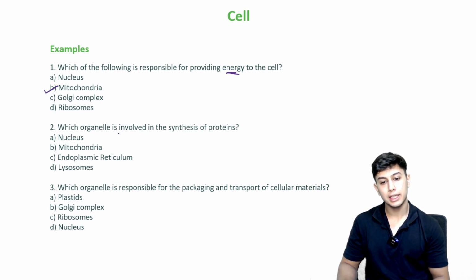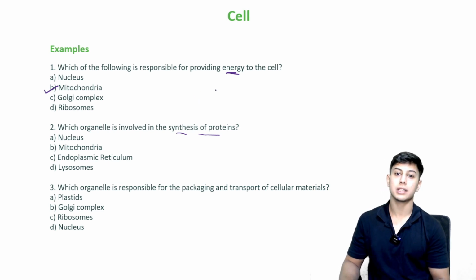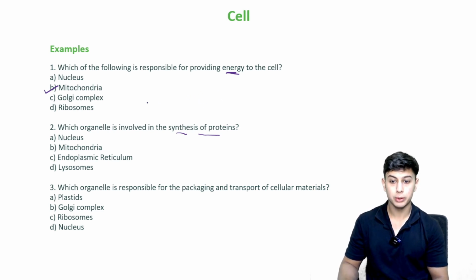Which organelle is involved in the synthesis of proteins? Anything that the cell eats in the form of protein has to be broken down into simpler forms so that the cell can absorb it and produce energy. So is it nucleus? No. Is it mitochondria?